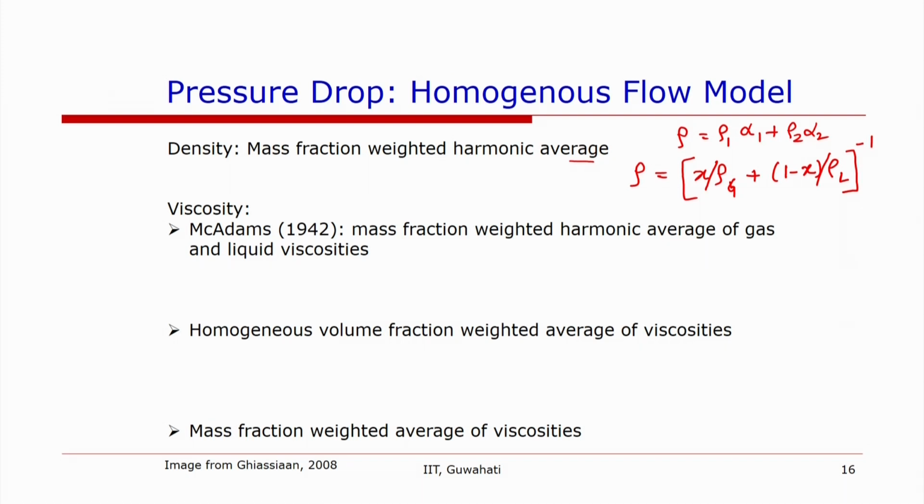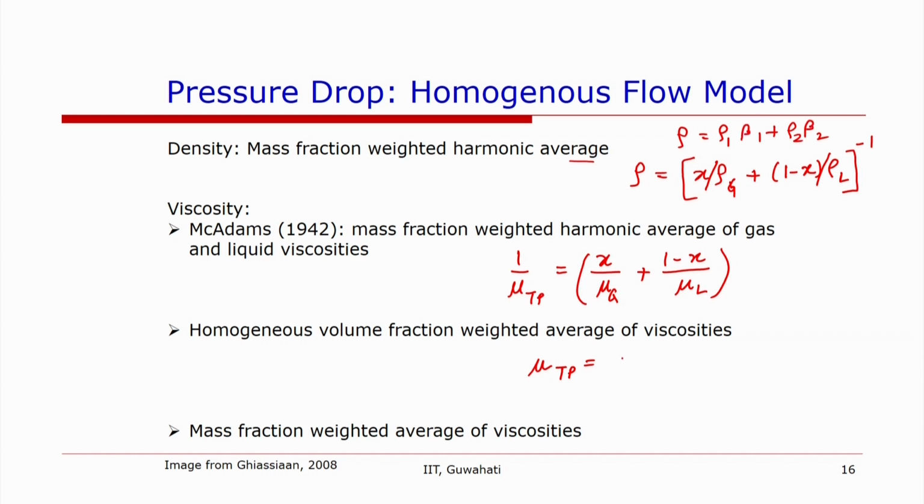Okay. Then there are different definitions for viscosities. One given by McAdams is the mass fraction one: 1 over mu for two phase is equal to x over mu g plus 1 minus x over mu L, or the volume fraction weighted average of viscosity. If we do not know alpha, then one can use beta here.